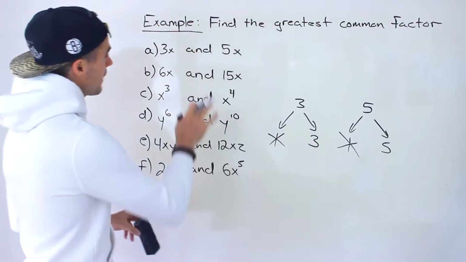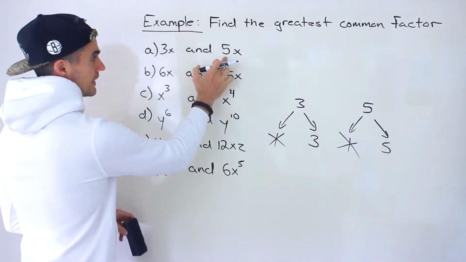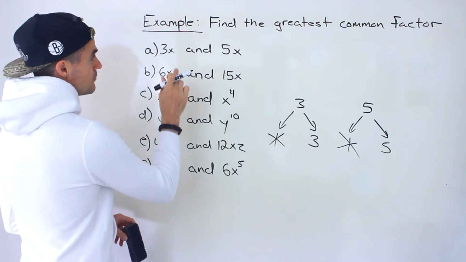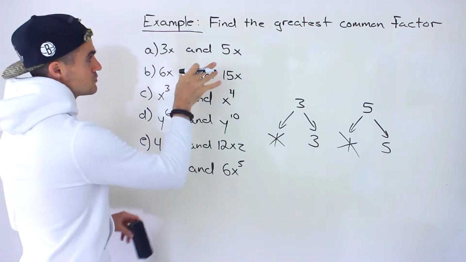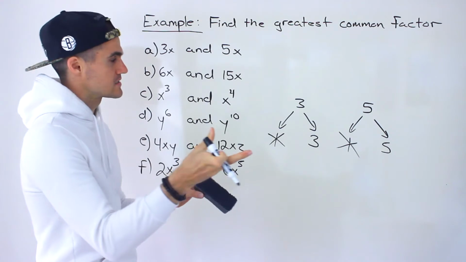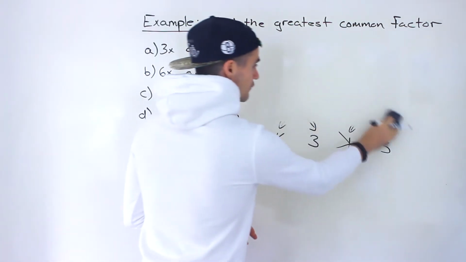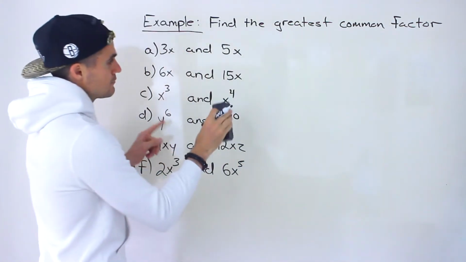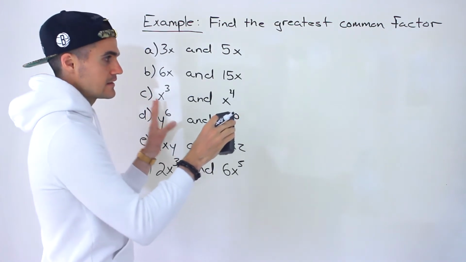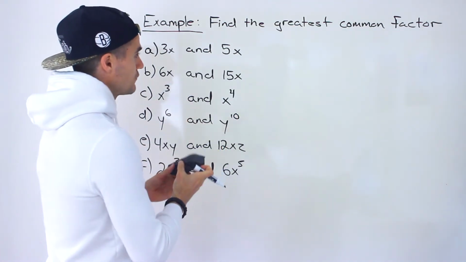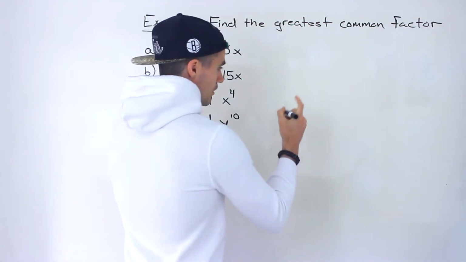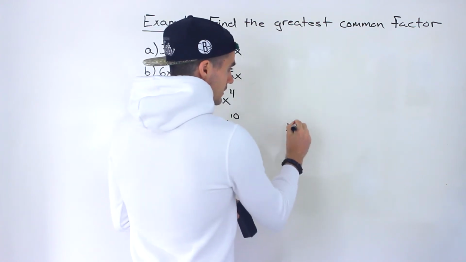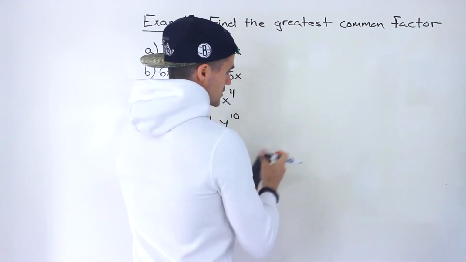So there's no common factor between the integers, in this case 3 and 5, but notice that both of these expressions do contain the same variable x. And whenever you have the same variable in the expressions that you're finding the greatest common factor for, the greatest common factor is always going to be that variable. It's not just going to be x, actually.